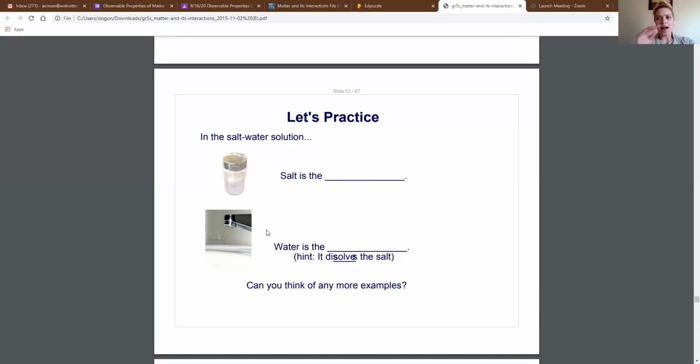As you're thinking, think of more examples. For example, Kool-Aid in water. That Kool-Aid powder would be your solute, because that's the thing that is dissolving. And the solvent would be the water, because that's the thing that's doing the dissolving.